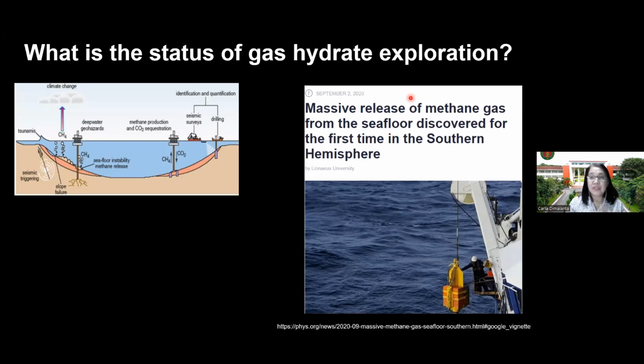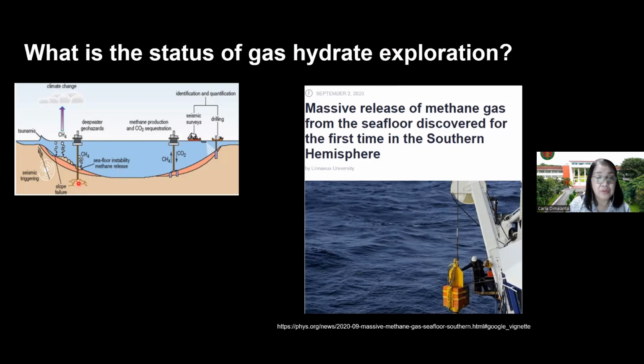And in 2020, they came out with a report that there has been massive release of methane gas from the seafloor that was discovered in the southern hemisphere. So even without doing anything, accidentally nare-release yung methane gas from gas hydrates in the deeper levels when there is dissociation. So when the gas molecules and water molecules become unstable, they are accidentally released.